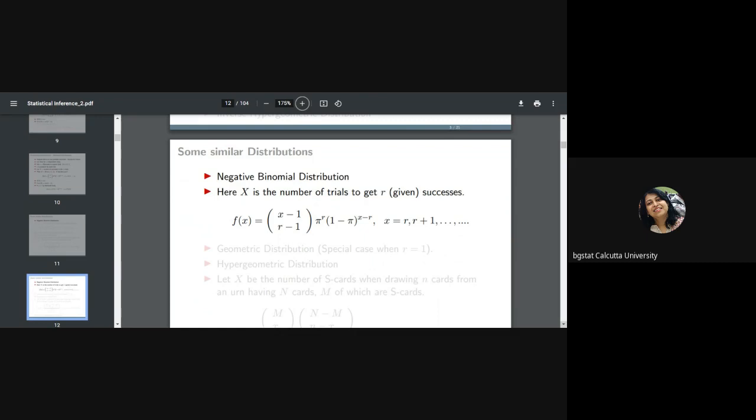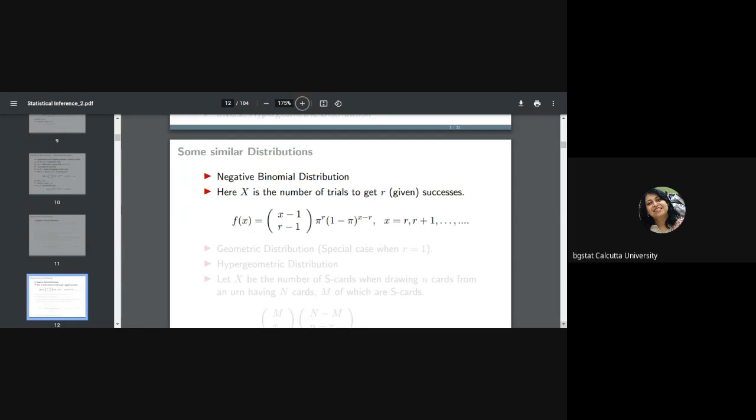But if you are interested, note that suppose capital X is equal to some value small x. So that means that it took small x trials. So when we say number of trials, we mean minimum number of trials. It took a minimum of small x trials to get r successes. So this can only happen if my first x minus 1 trials resulted in r minus 1 successes.